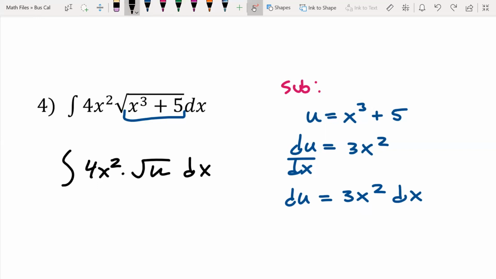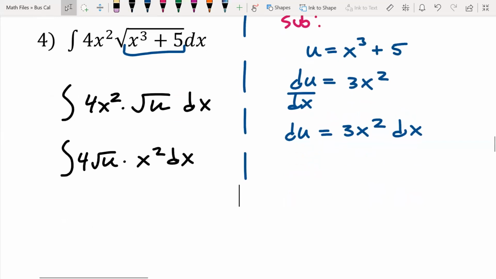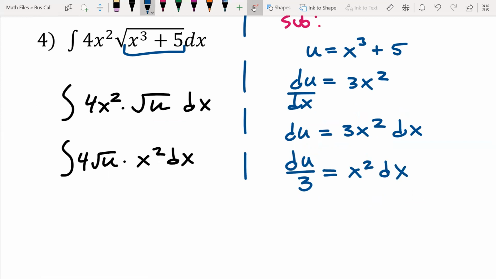First, I'll rewrite the integral as 4 square root u times x squared dx. And on my sub, I'm going to divide it by 3, and you'll get du over 3 equal to x squared dx.